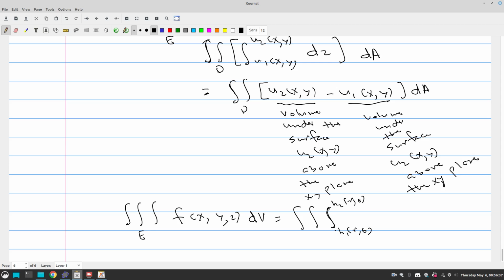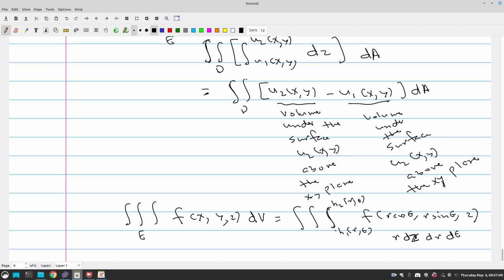And of course you have f(r cos theta, r sin theta, z), and don't forget the r. The first thing you write is dz, because this is the inner integral, r dz, and then let's say dr d theta, depending on how you define your region.